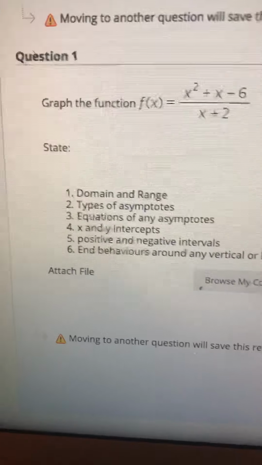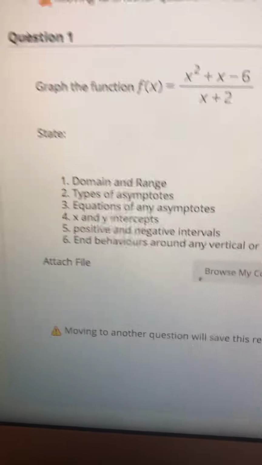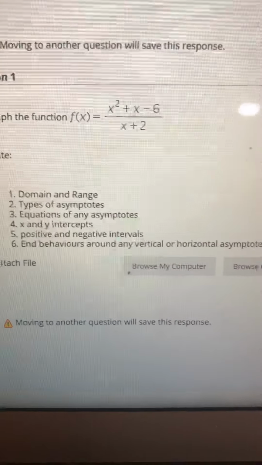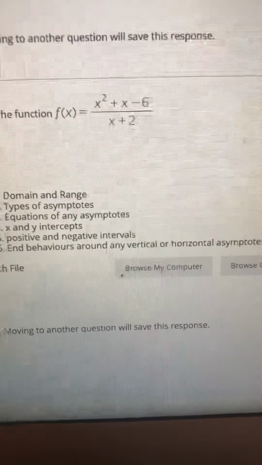Okay, and last but not least, we have the end behaviors around any vertical or horizontal asymptotes. So as mentioned earlier, because of the oblique asymptote, the graph is going to tend towards x minus 1.